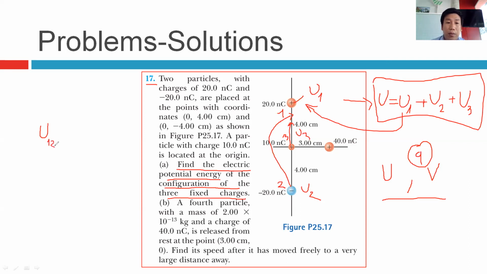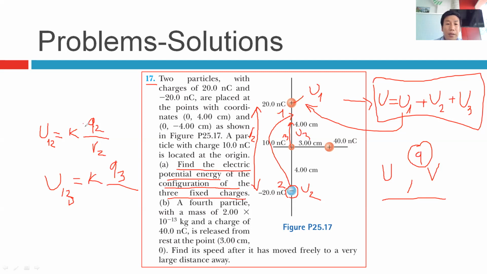You already know that U12, the part of U1 caused by charge number 2, is K Q1 Q2 divided by R12. Here you have U13 equal to K Q1 Q3 divided by R13.